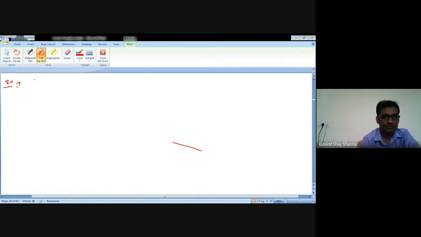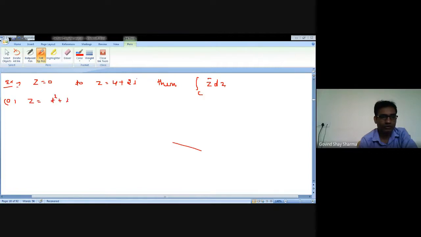Integrate z bar dz from z equal to 0 to z equal to 4 plus 2i, where z is equal to t square plus iota t.